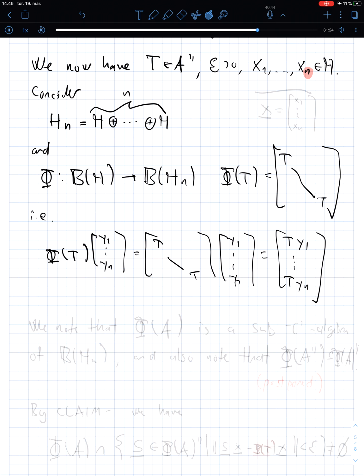Just like we would do in a matrix multiplication with a simple-minded matrix, which is just a diagonal with the same element repeated down the diagonal.